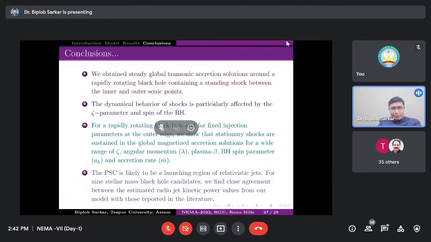Let me come to the conclusions. We have obtained steady global accretion solutions around a rapidly rotating black hole, which contains a shock between the inner and outer sonic points. For fixed injection parameters at the outer edge, the rapidly rotating black hole holds stationary shocks for a wide range of the zeta parameter, angular momentum, plasma beta, black hole spin parameter, and accretion rate.